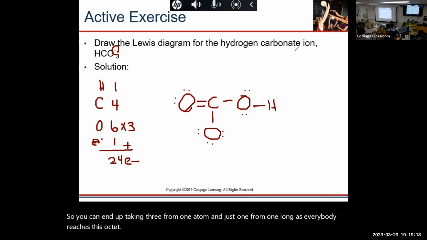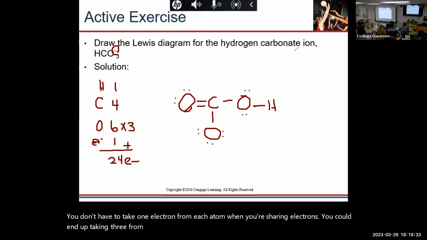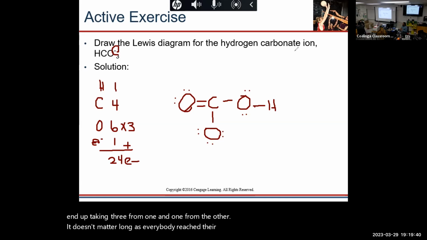Okay, did everybody get this down? I said that you don't have to take one electron from each atom. We're sharing electrons, so take 3 from one and 1 from the other. It doesn't matter as long as everybody reaches their octet.